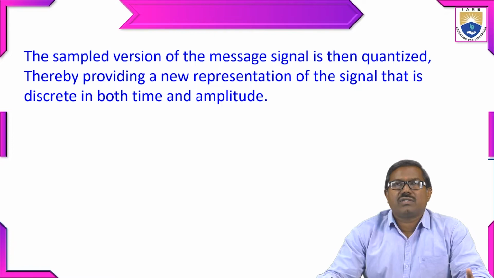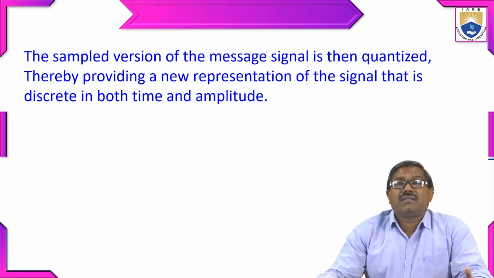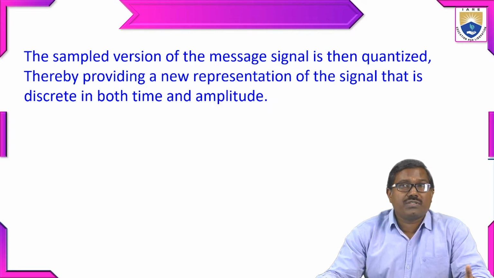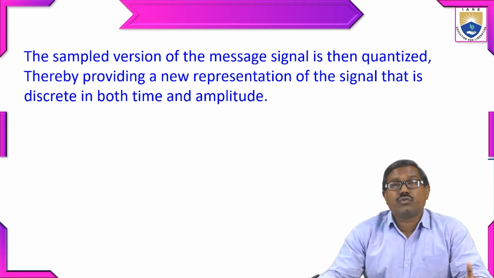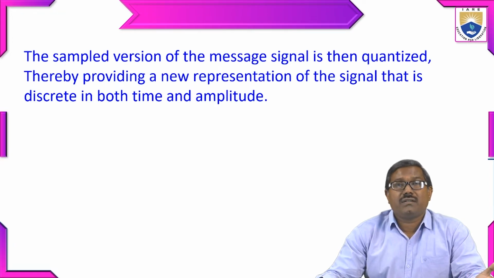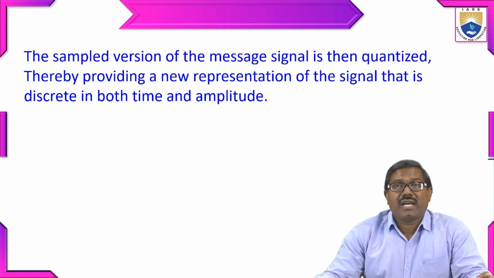Non-uniform quantizers. Here the sampled version of the message signal is then quantized, thereby providing a new representation of the signal that is discrete in both time and amplitude. So the sampler makes it discrete in time and the quantizer makes it discrete in amplitude.